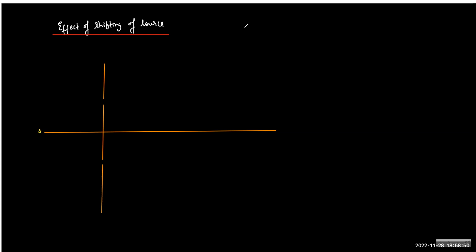Now what happens if I shift the source slightly above? Let's say this is D dash, and this is our regular D. I will not change the D. Now, you know how much is D naught by the way?